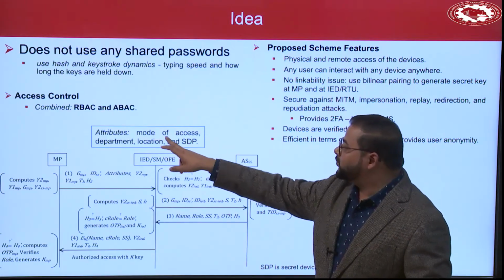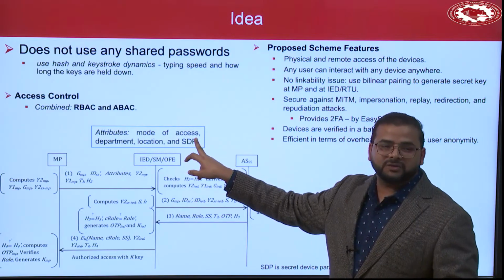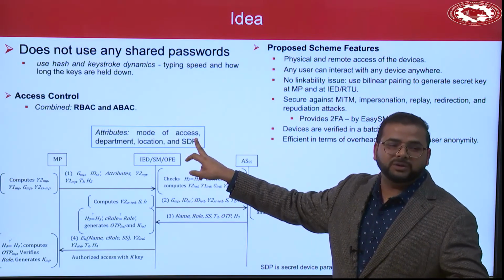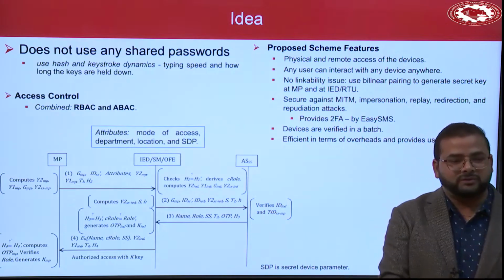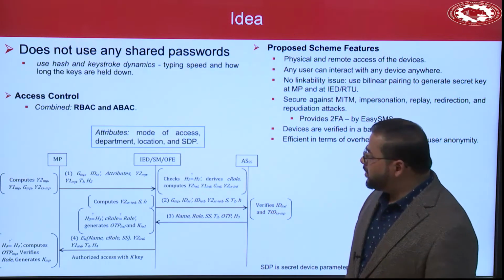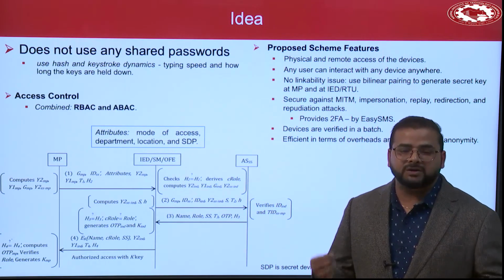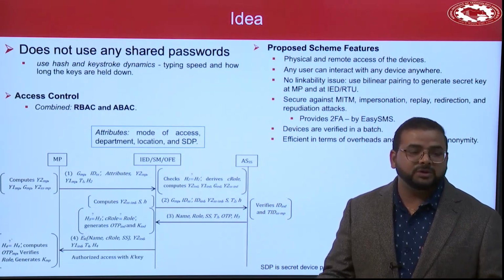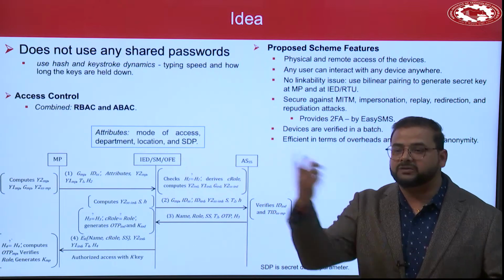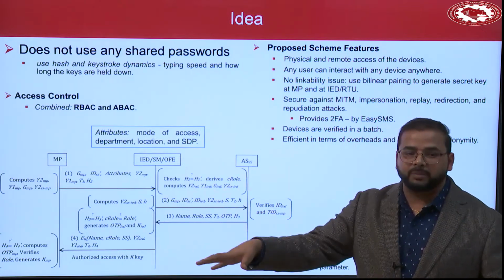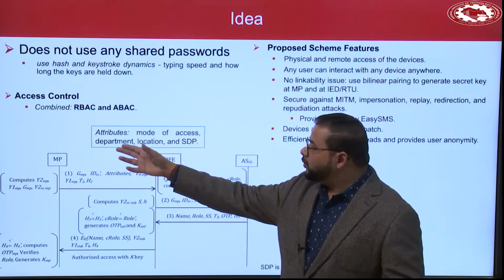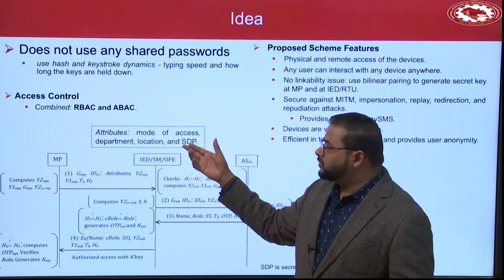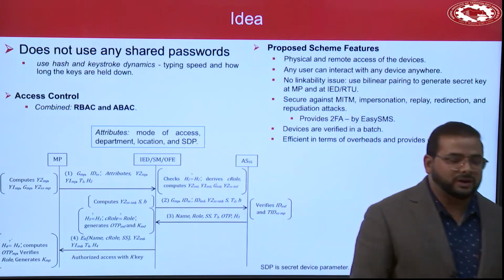So attributes: mode of access, whether you are accessing a device in person or remotely. If I'm using a device in person, I might not need certain parameters, but if I'm using it remotely, I might need some additional parameter to prove that I'm the right person accessing this device remotely. I'm not on campus. Where you belong to, location, and some other secret parameter, some individual ID or whatever.